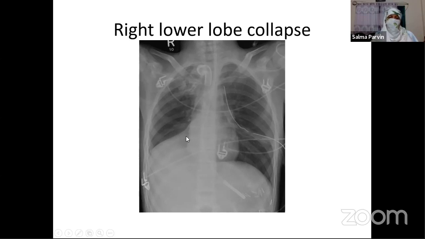There is an increased density seen at the right lower zone, and the mediastinum is shifted to the right, and multiple channels are seen in this patient.